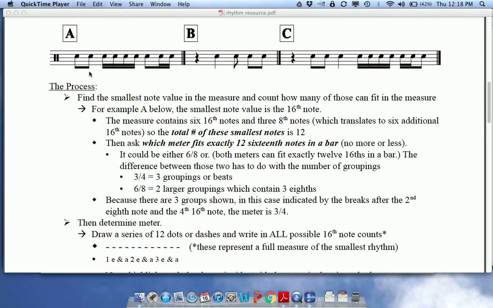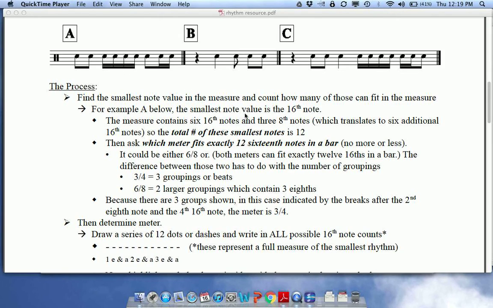In other words, this measure right here could be in 3/4, or it could be, well, the other meter we know has 12 16th notes in it, 6/8. 6/8 we also know is divided into 2 groups of 3. It's like 6/8, if you remember from last semester, it kind of lies to you. It's not really 6 all the time. Sometimes it's 2, and it's 2 groups of 3.